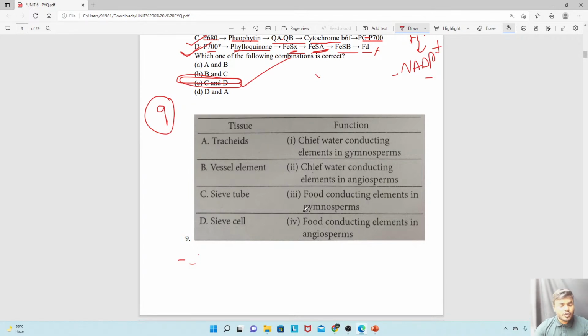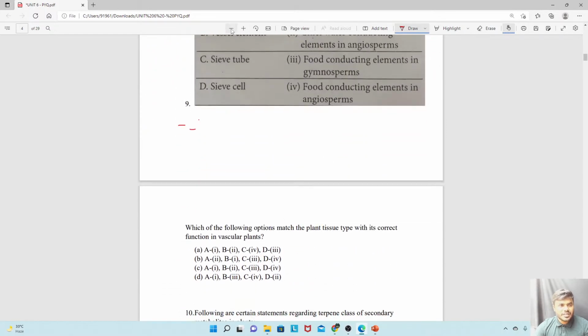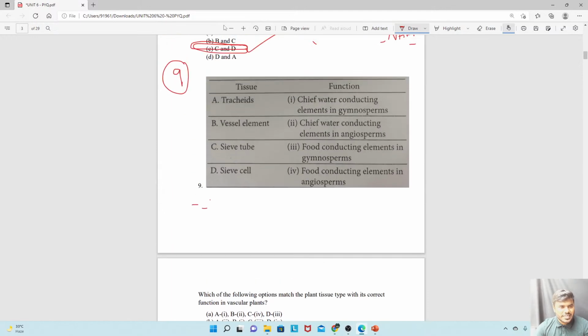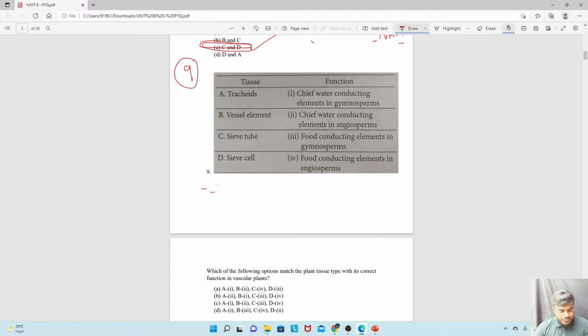I told all of you to read and remember this: tracheids, vessel elements, sieve tube, sieve cells. Okay, now kindly look into the options. If I zoom out a little, you can't see, that's the problem. Okay, if you can see, that's good now. Let me know if anyone is unable to see it, I will show you. It's a very easy question.